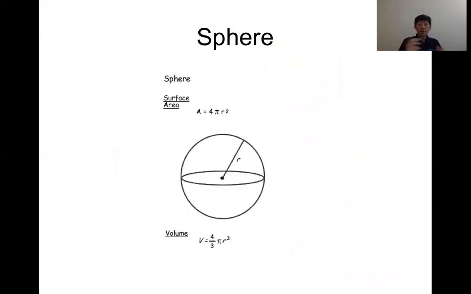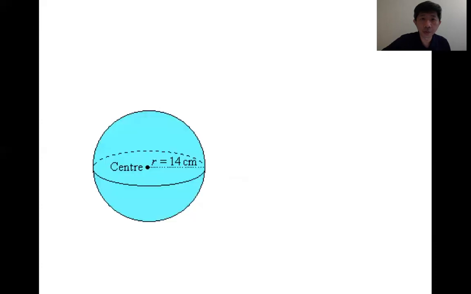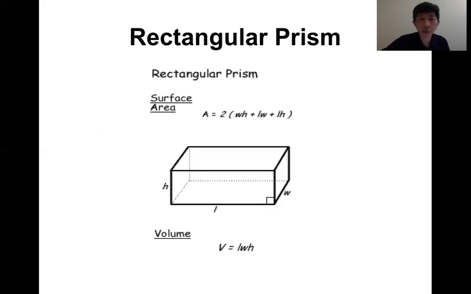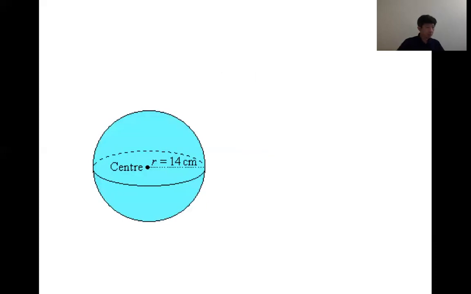Next one is a sphere. Surface area is 4 pi r squared, and volume is 4/3 pi r cubed. This time, let me change the problem.